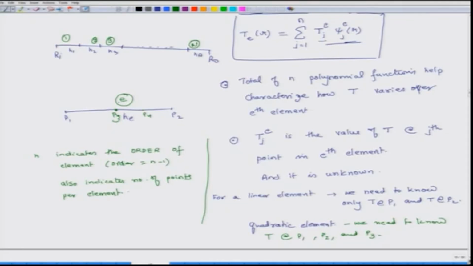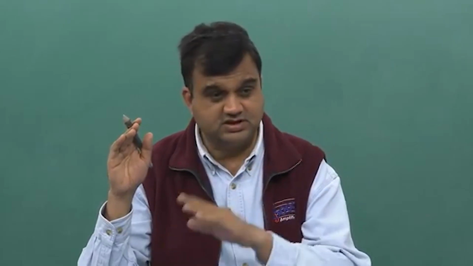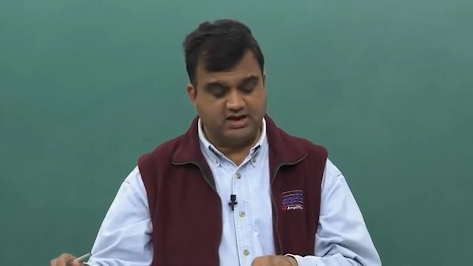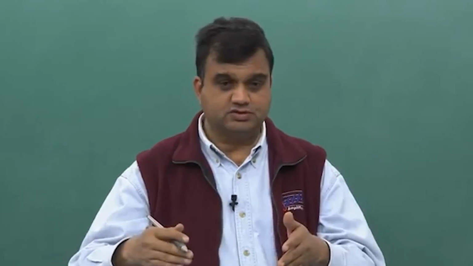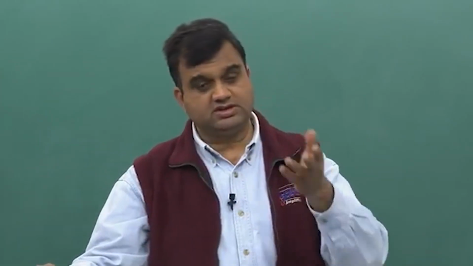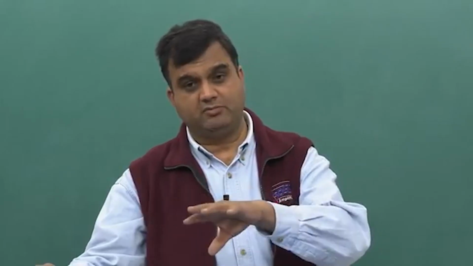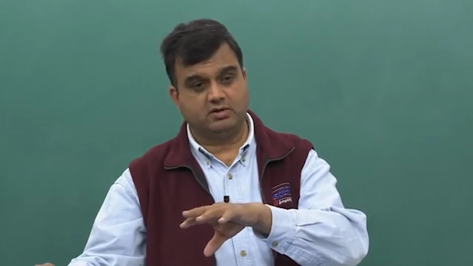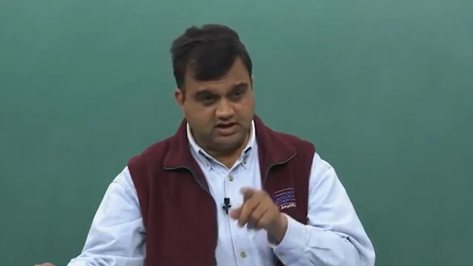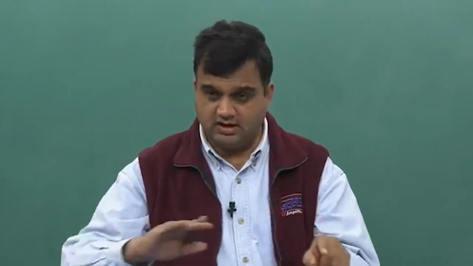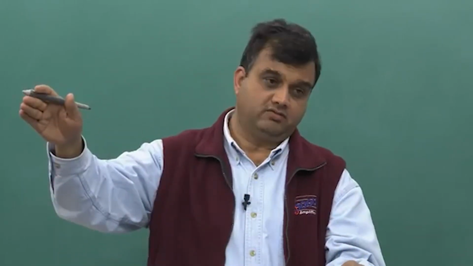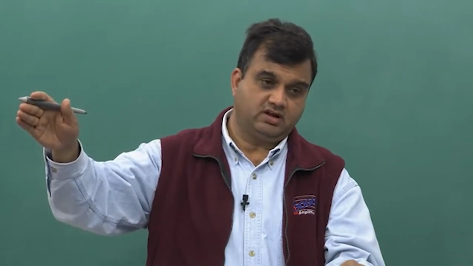T_j^e is the value of, in this case, see if you know the values at 3 points, then in terms of those 3 points you can construct a polynomial function. Or you can say the other way, that they are amplitudes of individual functions, but here I am saying that if I know the values, then I can construct a curve which is a quadratic curve.